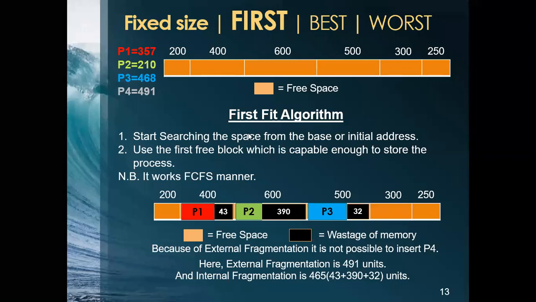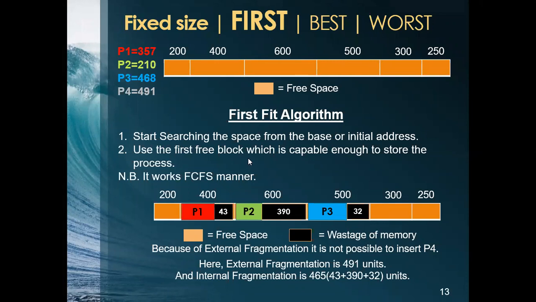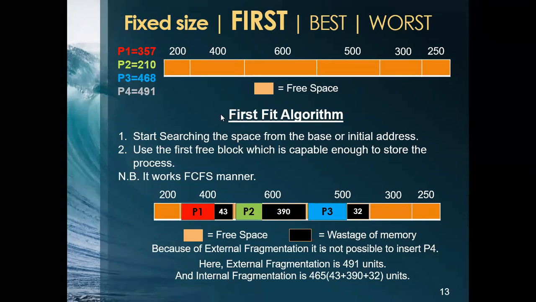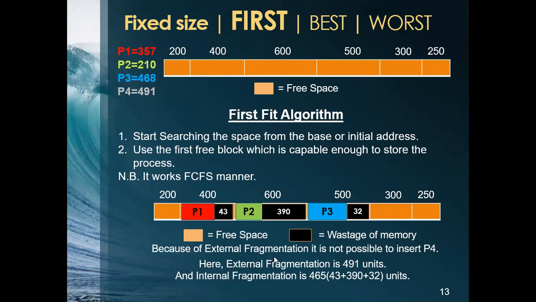So in the first fit algorithm, as we have seen in the fixed size, even though for the variable size, first fit algorithm performed better, in case of fixed size, first fit algorithm actually showed us the problem of external fragmentation, and also internal fragmentation as well.